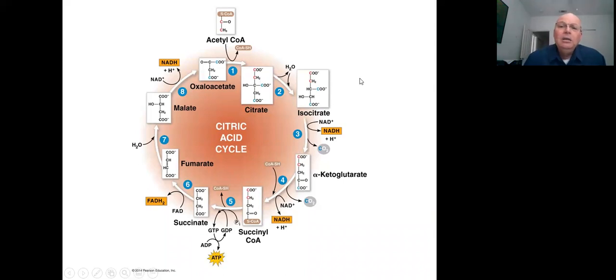Along the way, every time we lose a carbon dioxide, we make available a pair of electrons that can be used to reduce NAD plus to NADH. So we produce some more NADHs. There is another way of getting electrons by taking hydrogens.